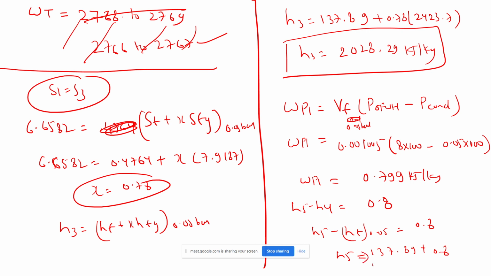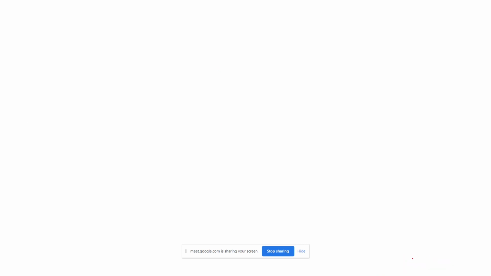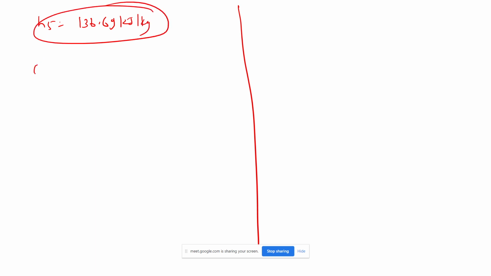What HF do we get? 138.69, since 0.8 is added. So H5 is 138.69 kilojoule per kg.